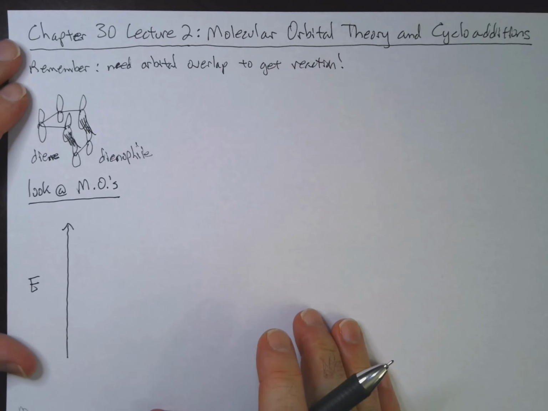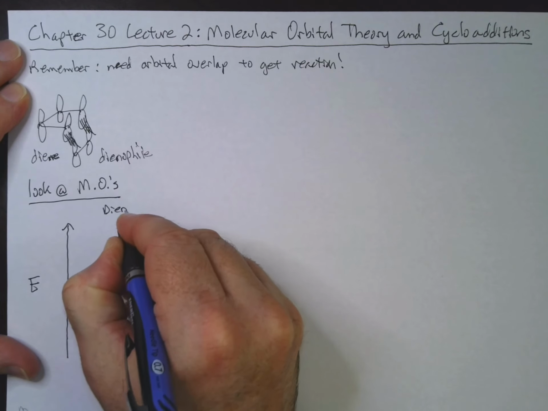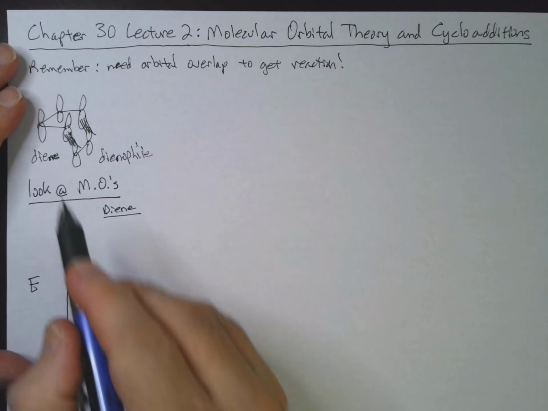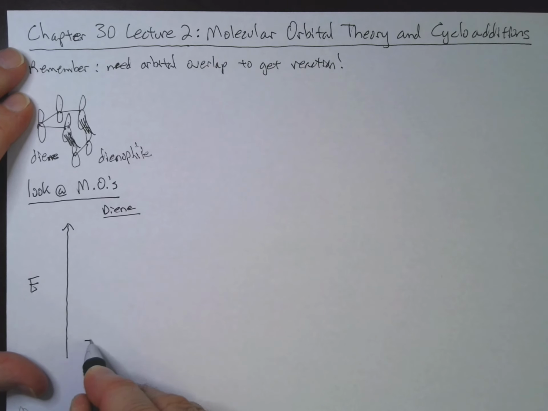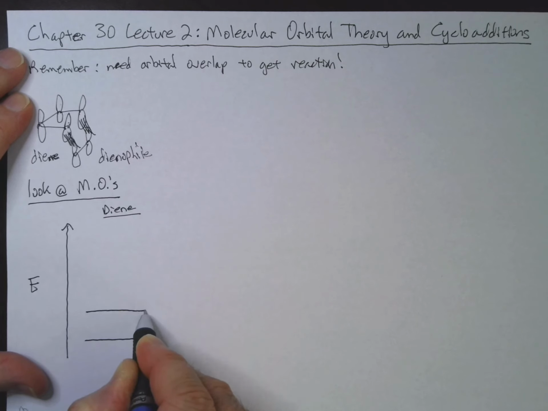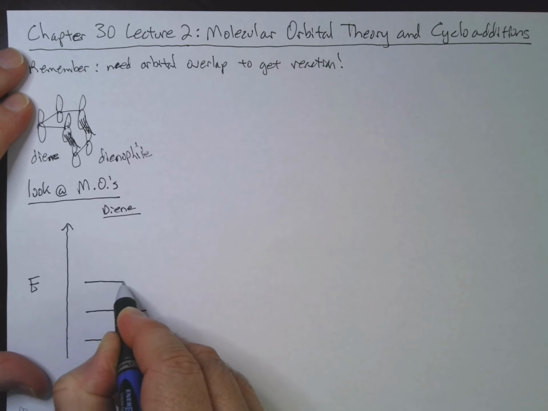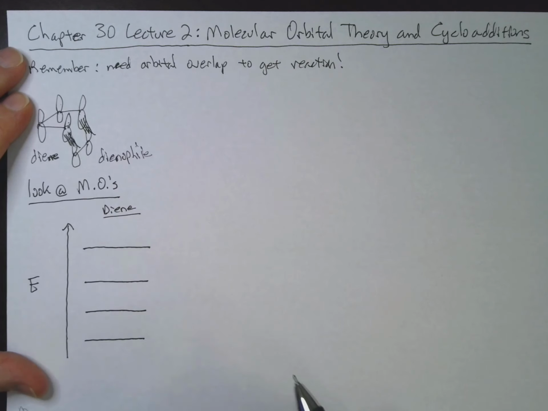We'll put energy, our axis, there. This is going to be our diene. And since our diene has 1, 2, 3, 4 p orbitals, we're going to get 4 molecular orbitals. 1, 2, 3, 4. They should be equally spaced.